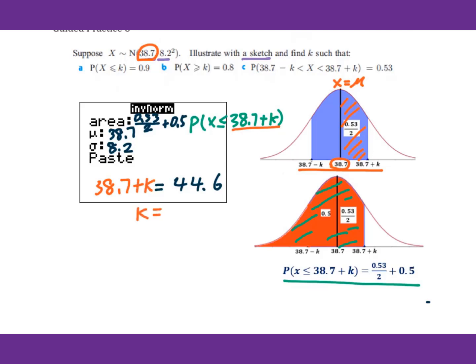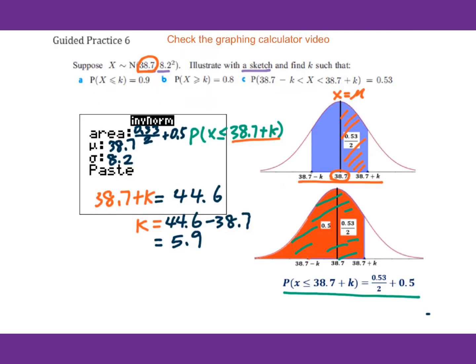Therefore, for this k equals 44.6 minus 38.7, you will get 5.9. I already made a graphing calculator video about this problem. If possible, please watch that video to get more clues.